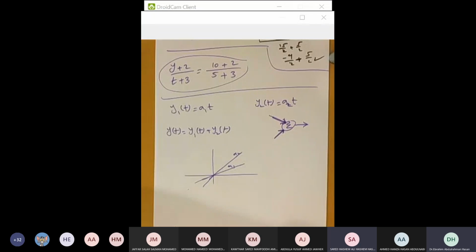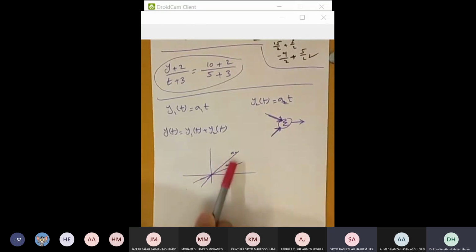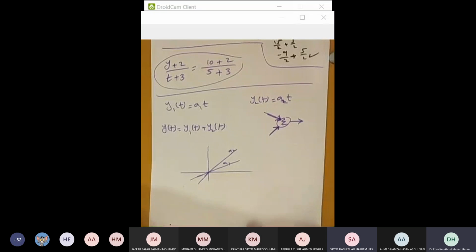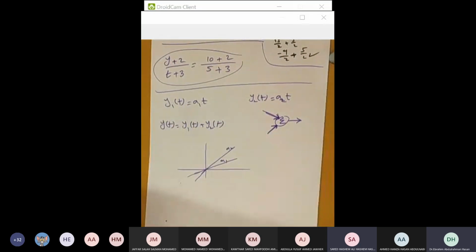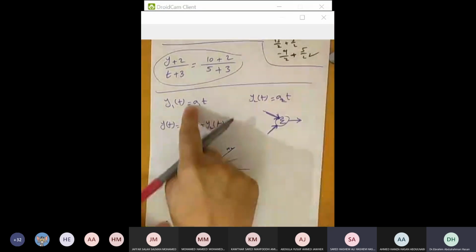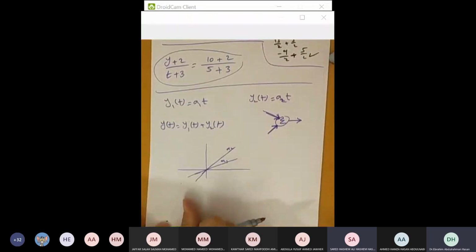The slope will be the addition of a1 plus a2, as we said, it should be greater than this. Of course it depends on whether one is minus or plus, or both minus, but here in this example I am assuming that a1 and a2 are both greater than 0.